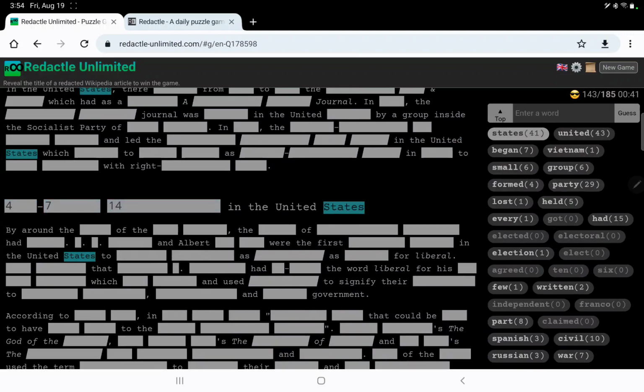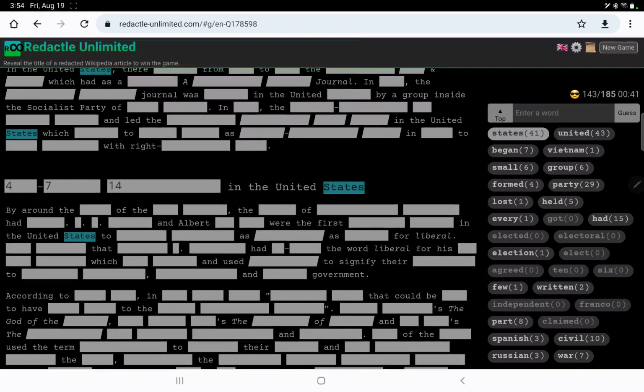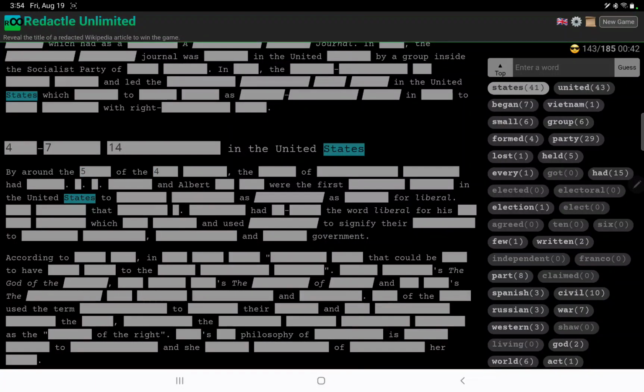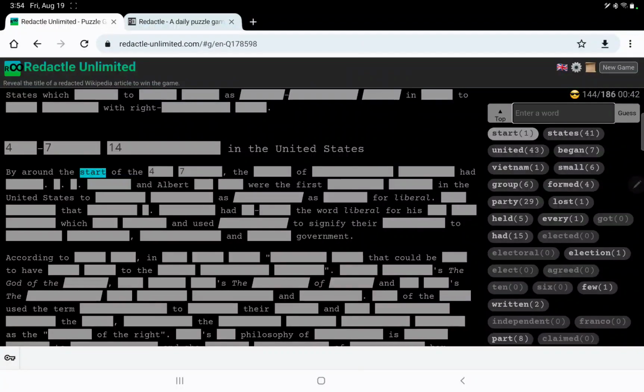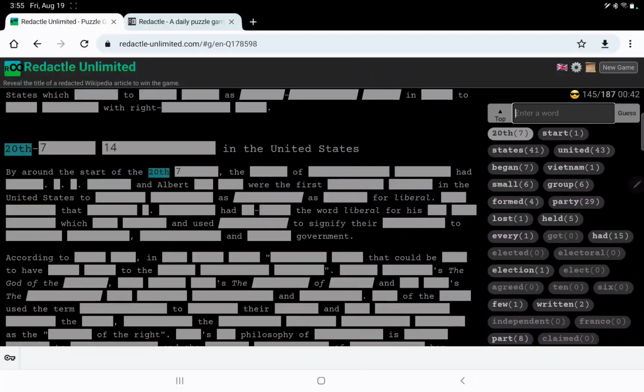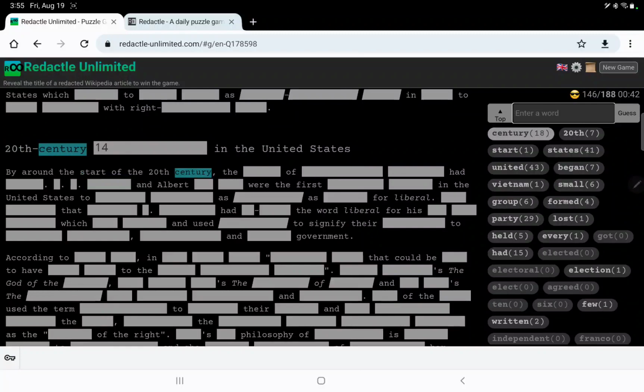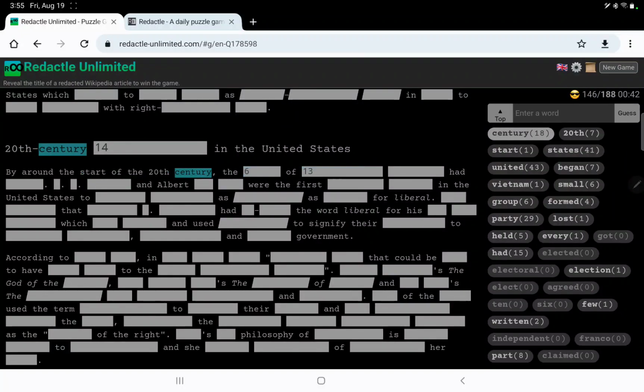So 4, 7, 14. So this form of political philosophy, by around the start of the 20th century 14, the 6 of 39 had 617.